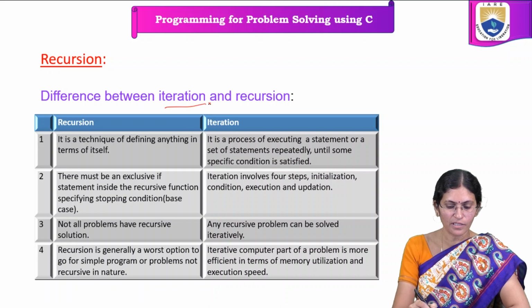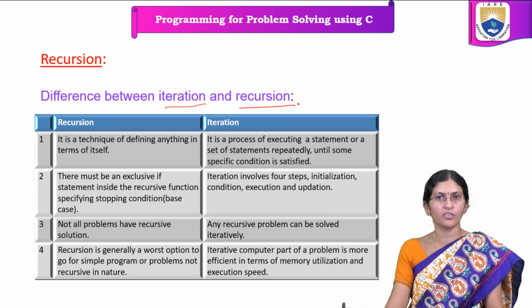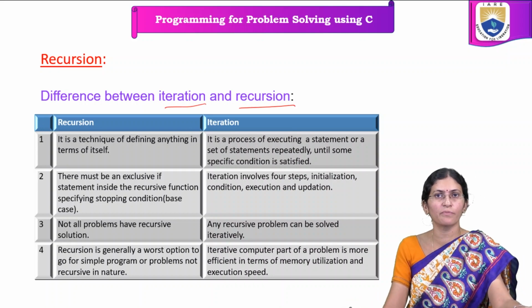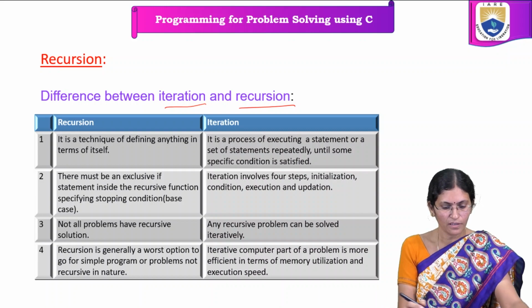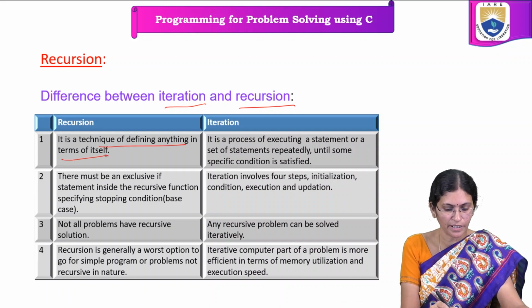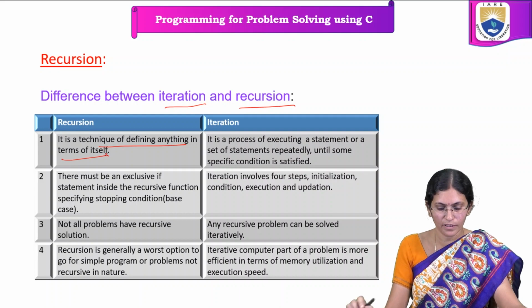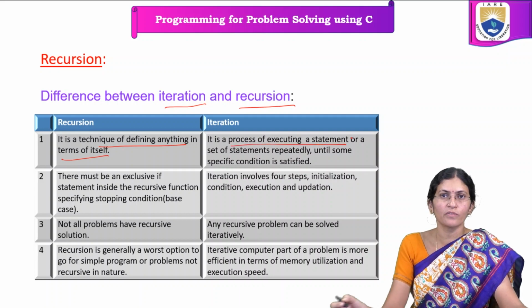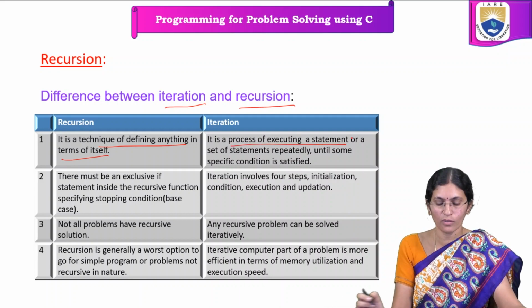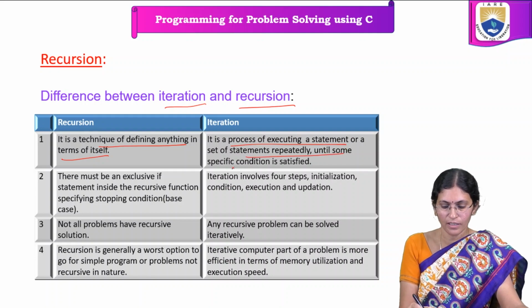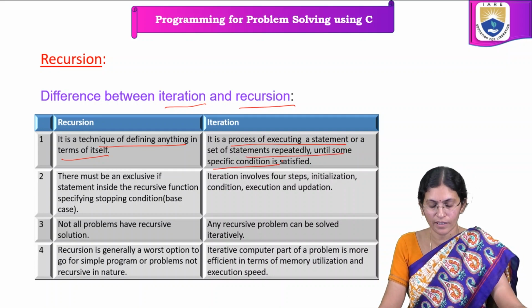Next, what is the difference between iteration and recursion? Recursion is a technique of defining anything in terms of itself, whereas iteration is a process of executing a statement or set of statements repeatedly until some specific condition is satisfied.